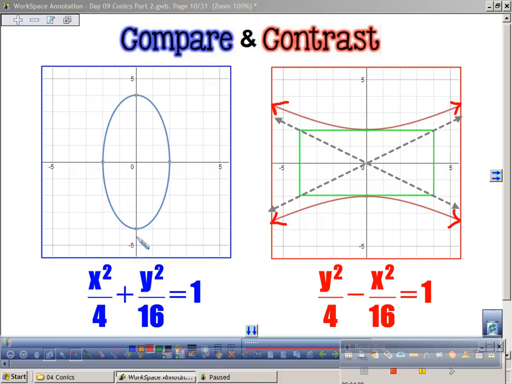But with the hyperbola, that's not the case, right? Because even though you're still only going up 2 and down 2 on the y, and you're going out 4 and out 4, even though you're going out further, it doesn't matter which one's bigger. What matters is which one comes first. Since the y comes first, the orientation is going to be on the y-axis.